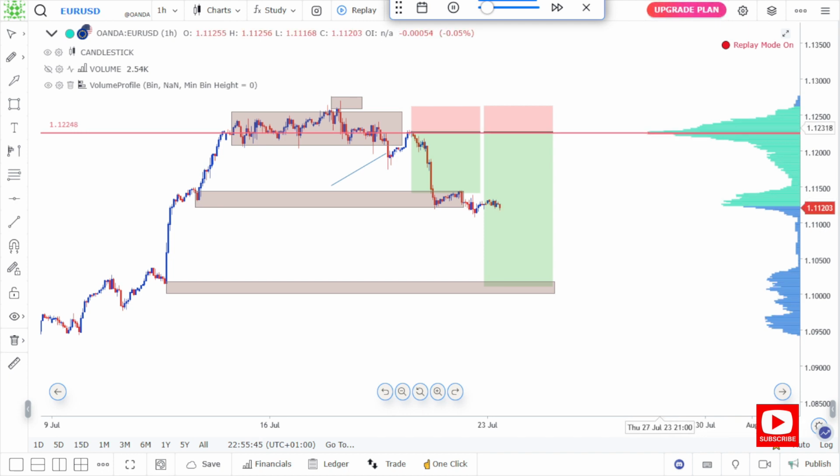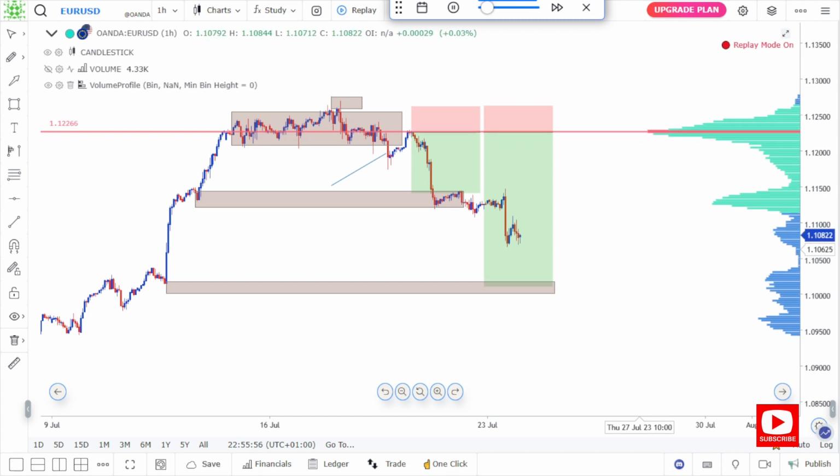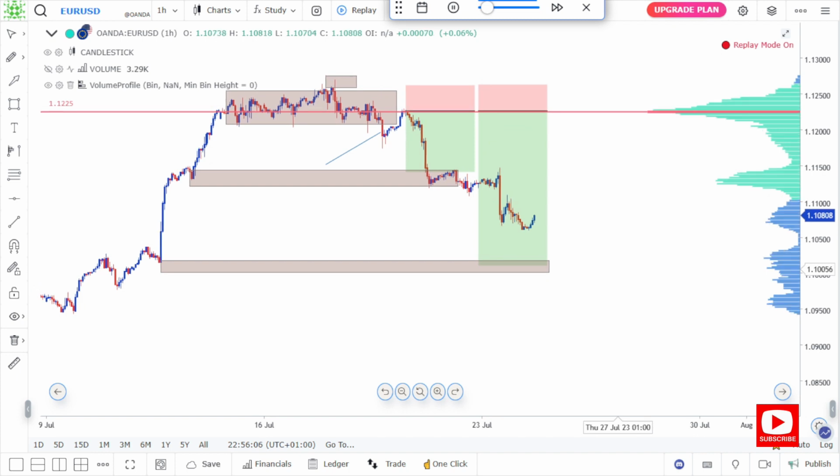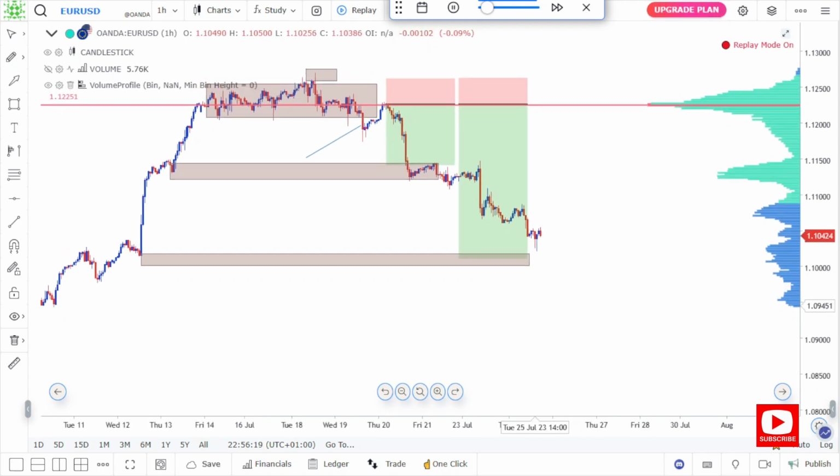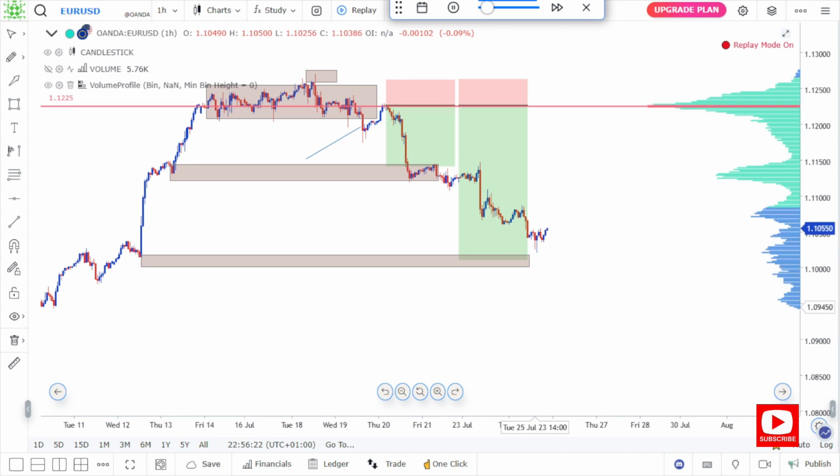Most of the volume that was in the consolidation box is being taken out. Okay, price is still playing around and not wanting to touch our take profit 2, but there's still a lot of volume, so there is still a good chance that price will touch our take profit 2. Still hovering around.